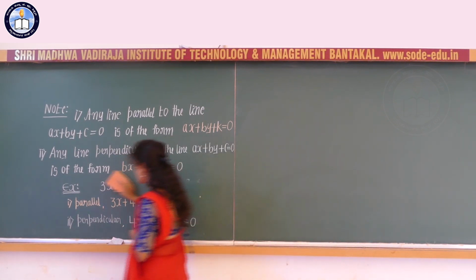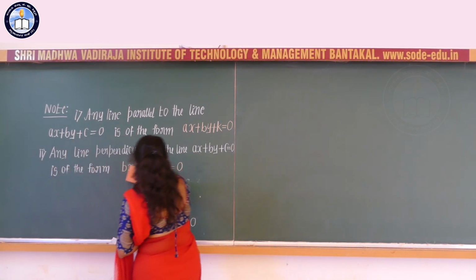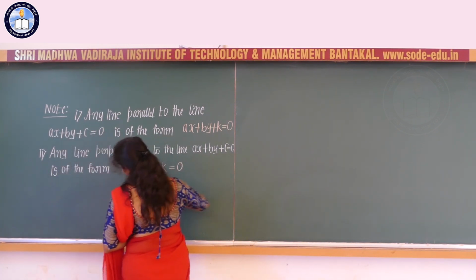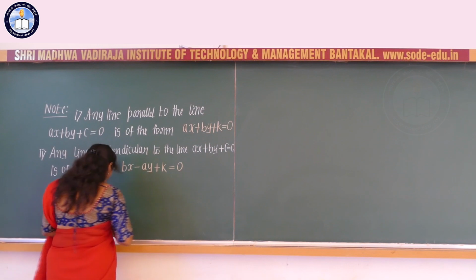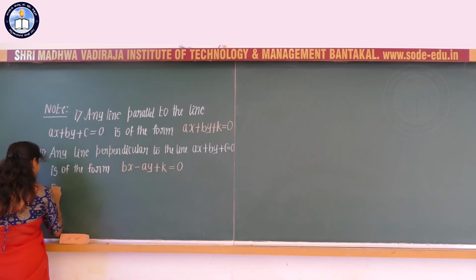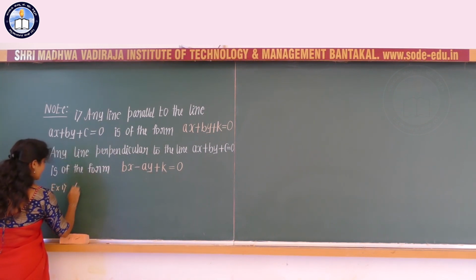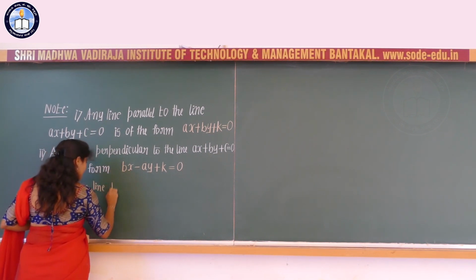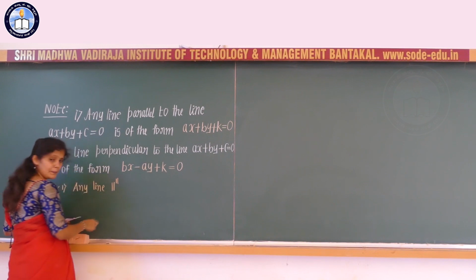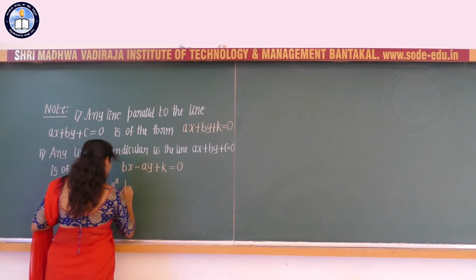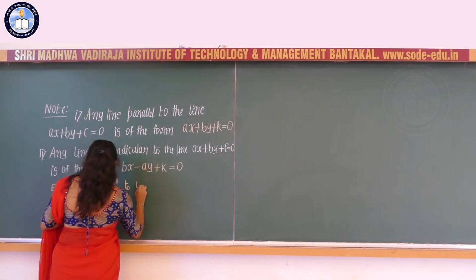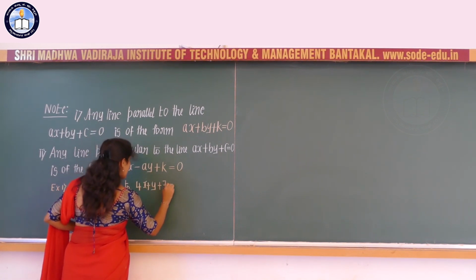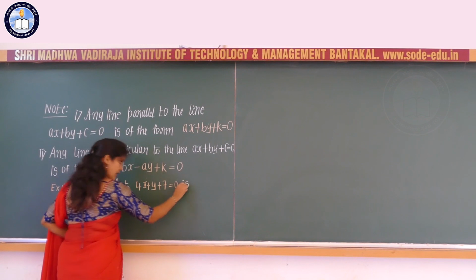Let me consider two more examples with respect to this, and let's solve some problems related to this concept. Example 1: any line parallel to 4 into x plus y plus 7 equal to 0 is given by, how to write?